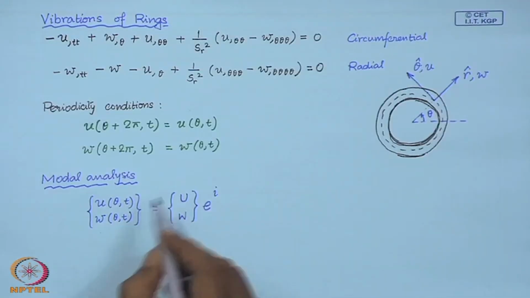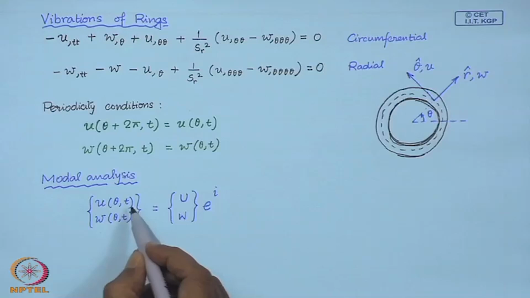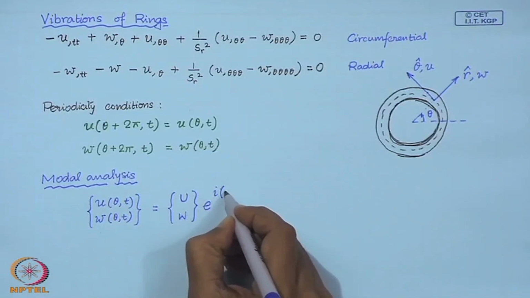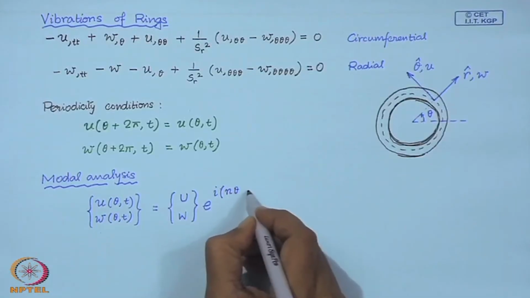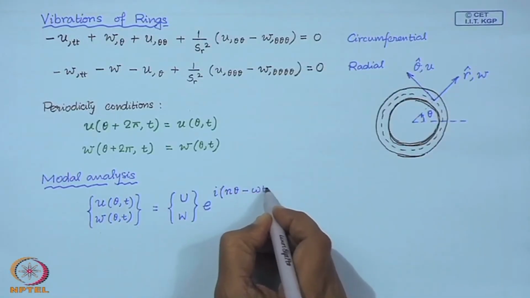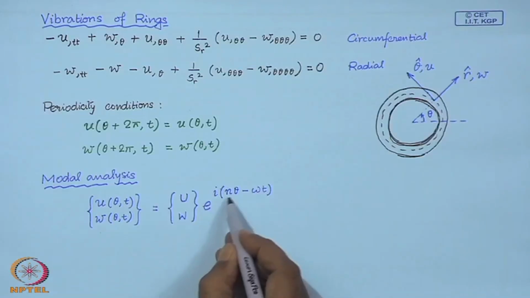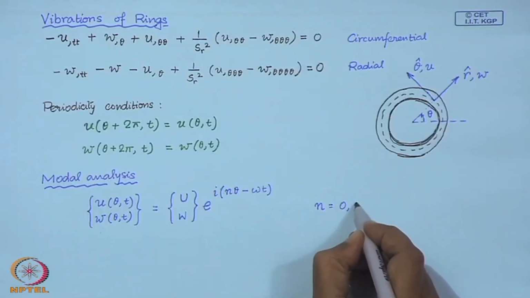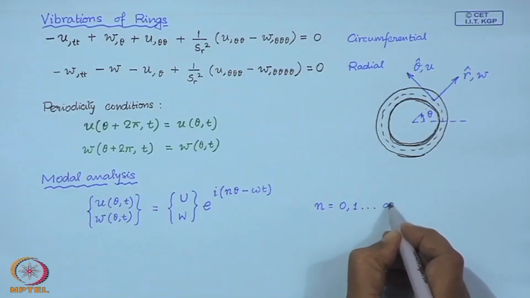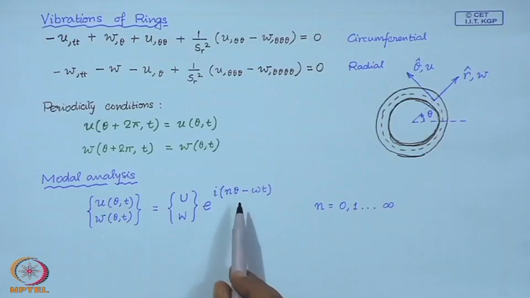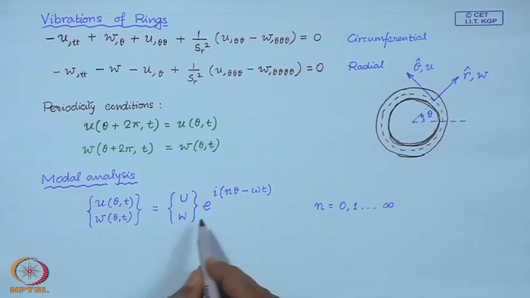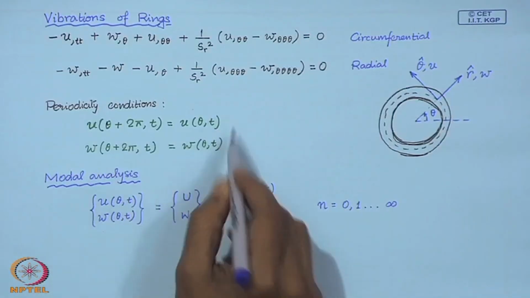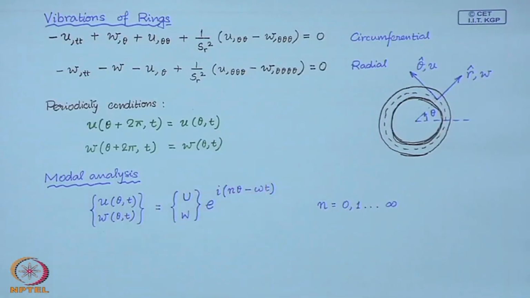Now, you see that this is a function of theta and t. It must be periodic in theta. So, we must have solutions of the form like this, where n can take values 0, 1, 2, etc. This is to enforce the periodicity conditions that we have written here.